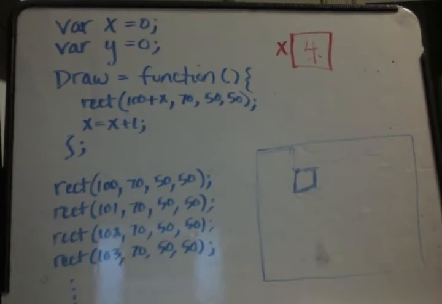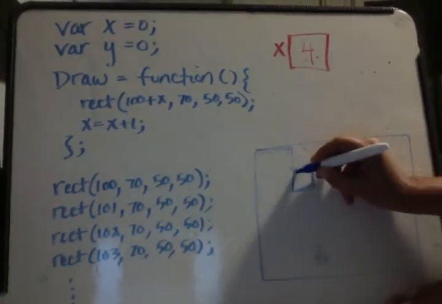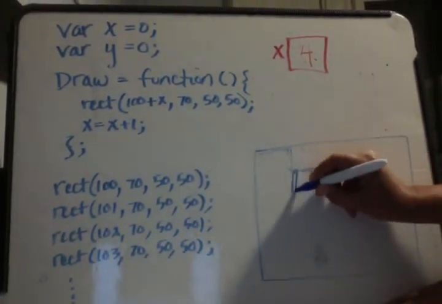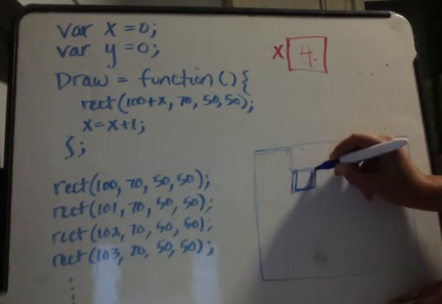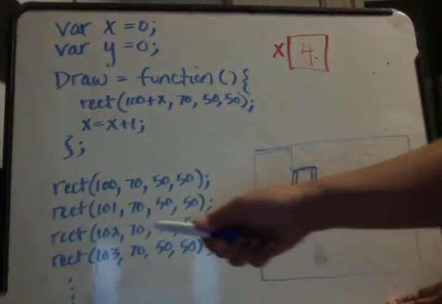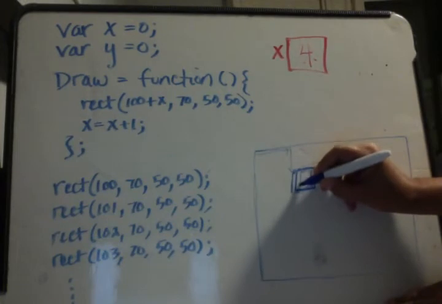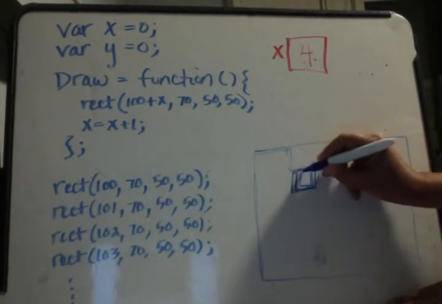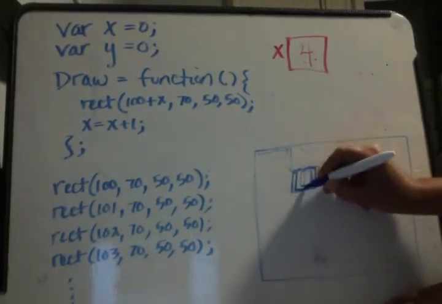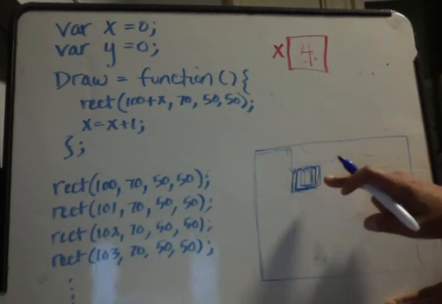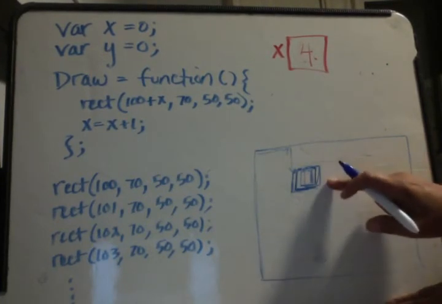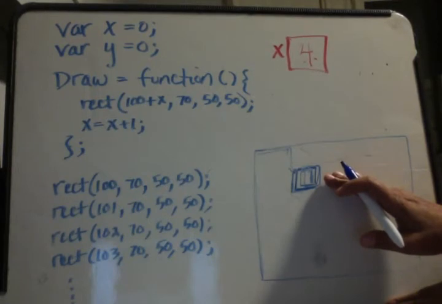The next one would be 101, so that would be drawing a square right next to it. The next one would be 102, and it would just draw the next one right next to it, then 103. So basically you're just drawing the same picture over and over again, but slightly over.